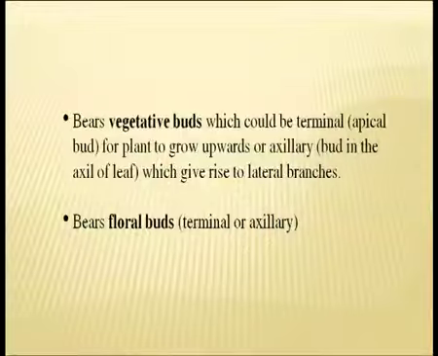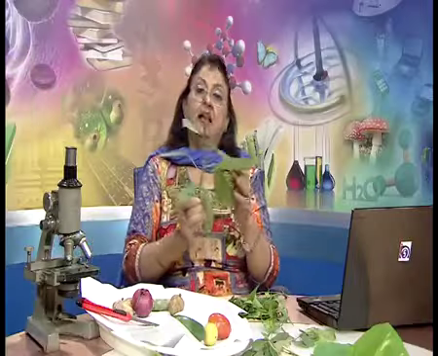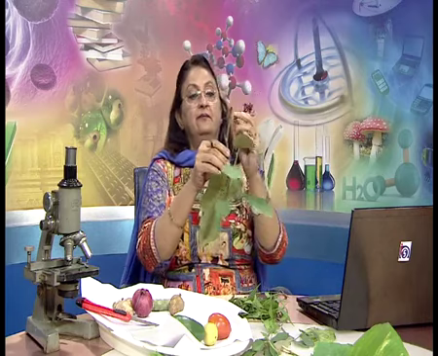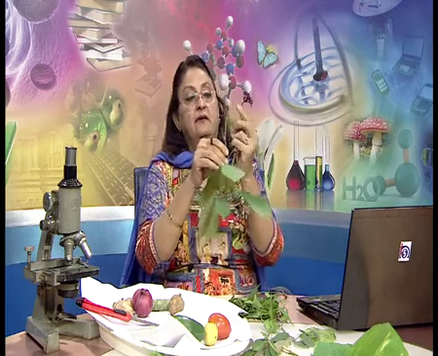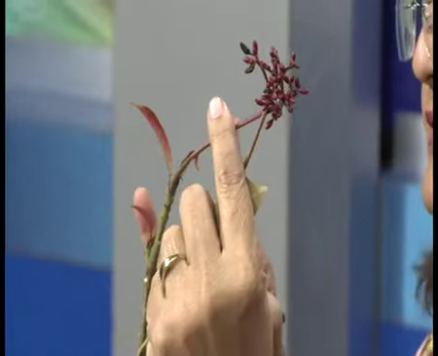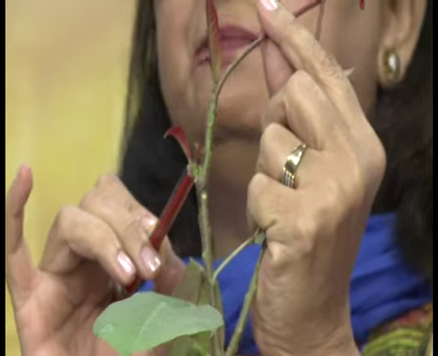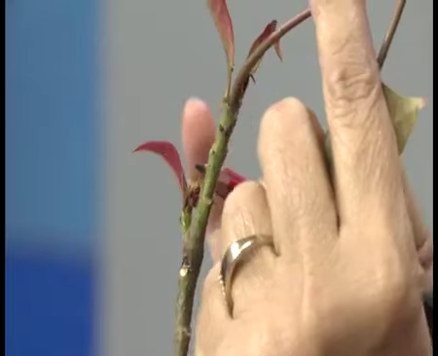So, we have to understand that these are the functions that the stem performs. Now, there are vegetative buds which can be terminal or apical in their position. Can you see that? I hope you can see now. This is the side branch and this is the axillary bud. Can you see this axillary bud? Yes.